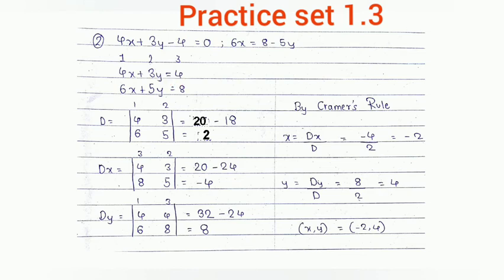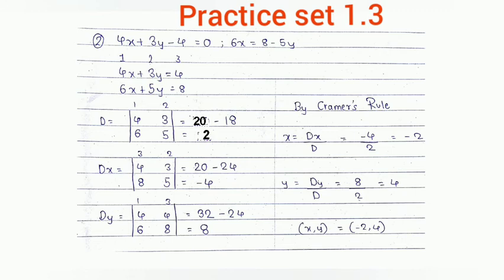Here our trick 1, 2, 3. So D means 1 2, Dx 3 2 and Dy 1 3. In this form we'll write here their coefficients. Okay. Now 4 5s are 20, 6 3s are 18, and here subtraction. So here's 2, that is D is equal to 2.